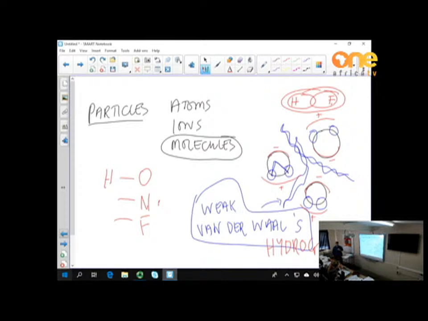electronegativity of an element. Electronegativity is an indication of the attractive force on a shared pair of electrons. And when you look at the periodic table, fluorine is the most electronegative element. So electronegativities increase from left to right and decrease from top to bottom.